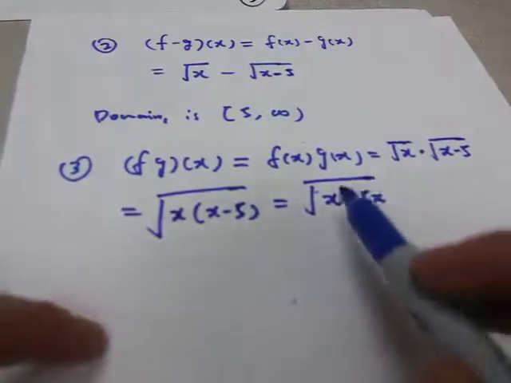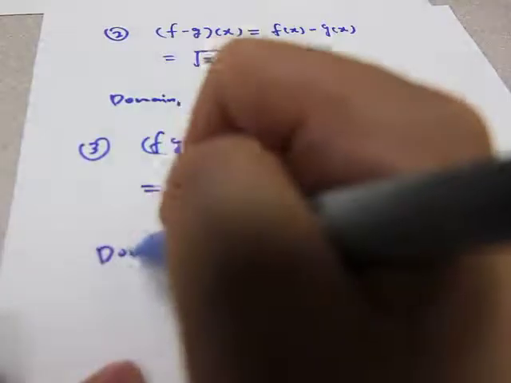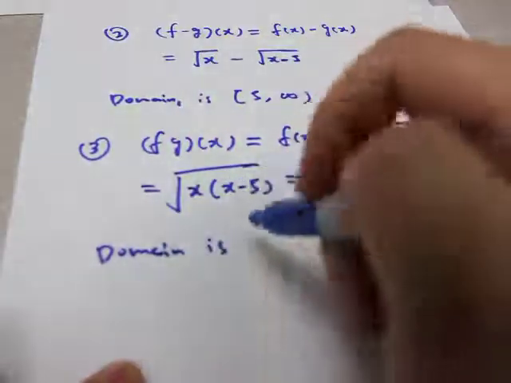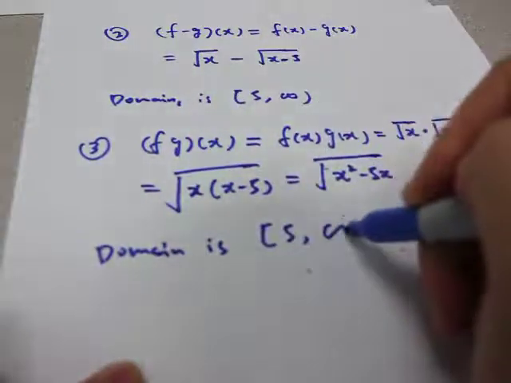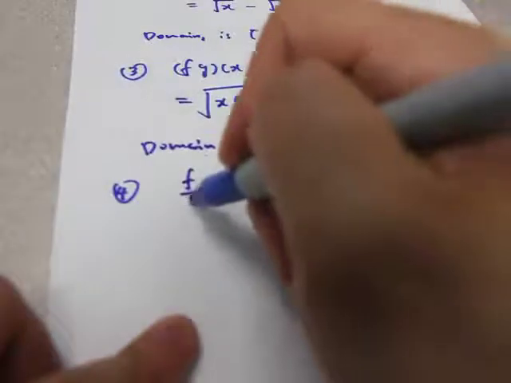So the product function is the square root of x squared minus 5x, and the domain is from 5 to infinity.